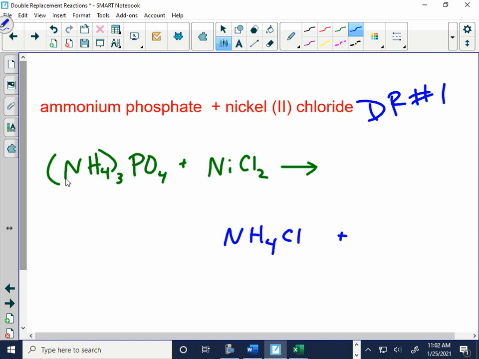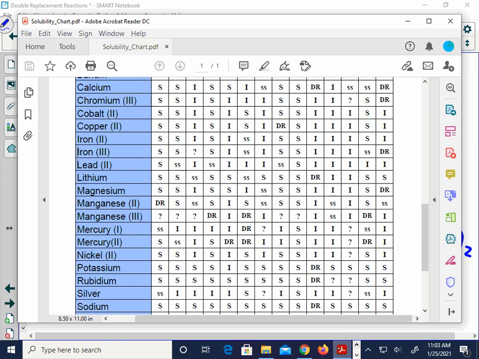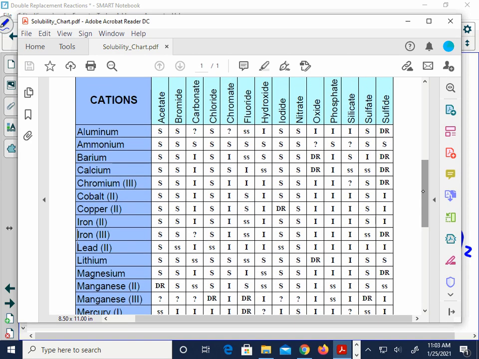So nickel 2 phosphate is going to be Ni3(PO4)2 to get my charges balanced out. So once again, did you write the correct formulas? Okay, naming is important. I need to go back and look. My first one is ammonium chloride. So I come back up to the top. I find ammonium. I find chloride.